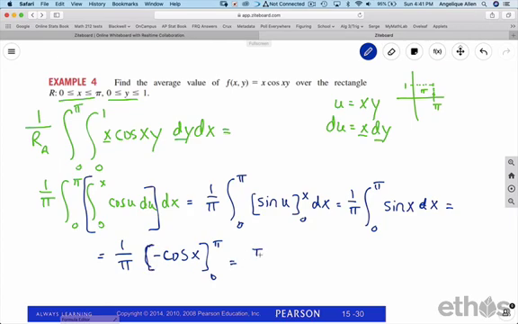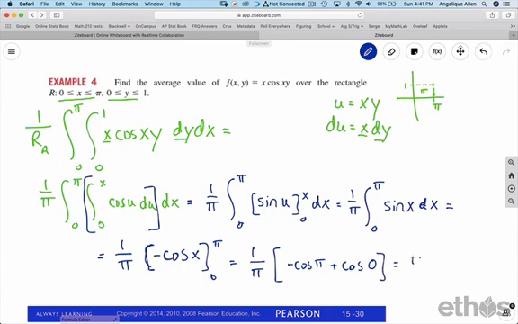All right, 1 over pi times, so we're going to have negative cosine of pi minus negative cosine of 0. 0, not theta.